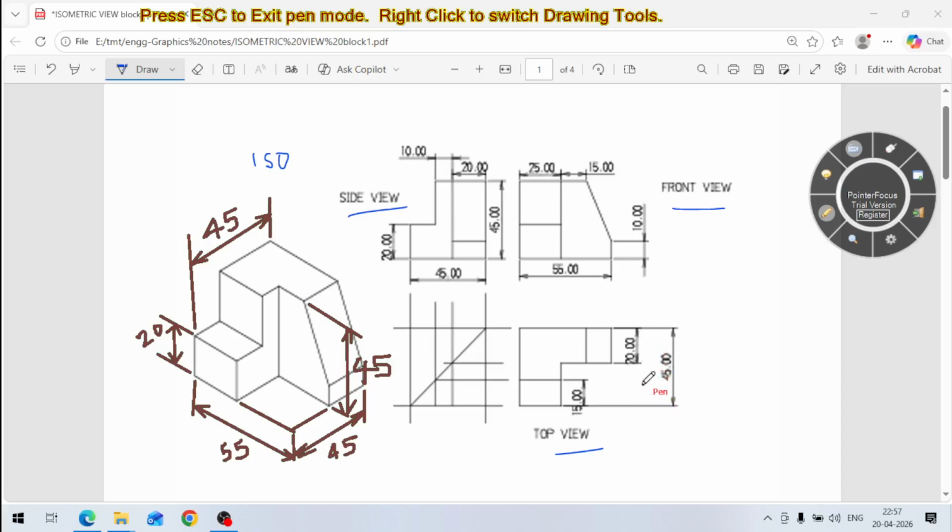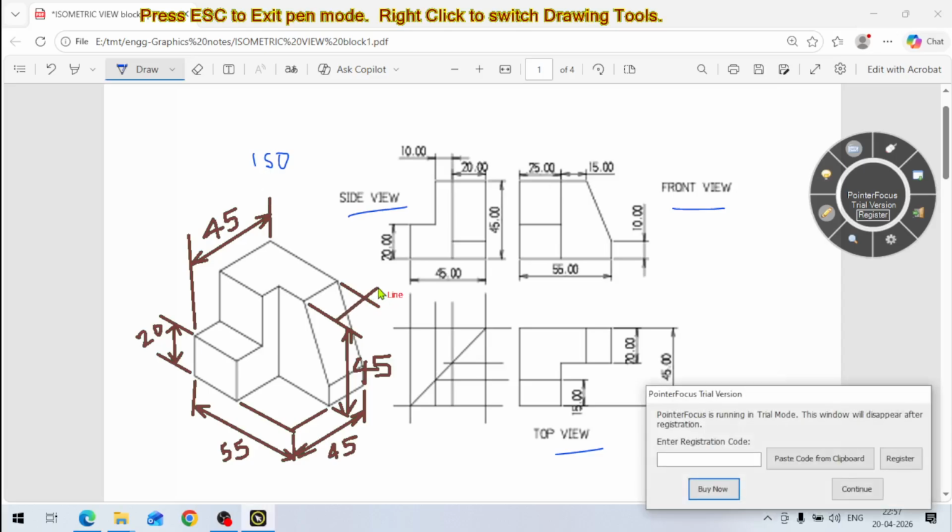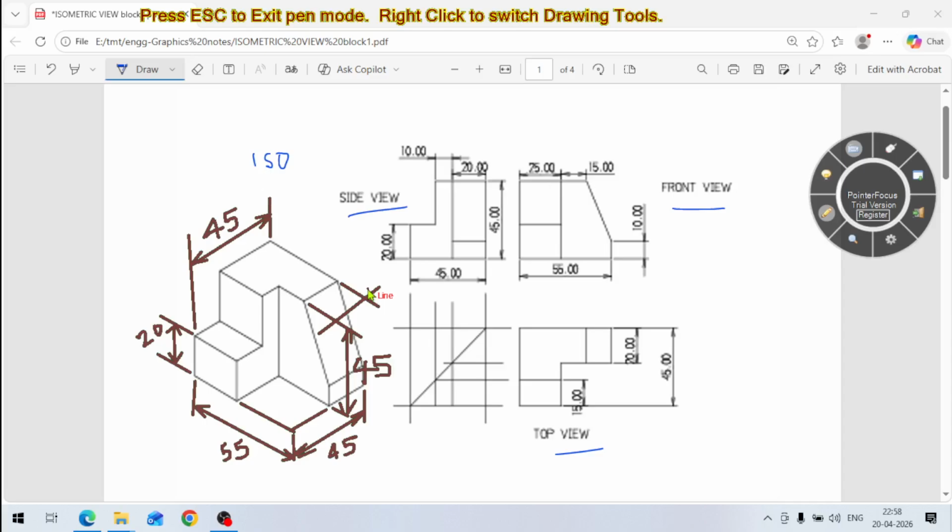This step is 20 mm. Which step is this? If I draw a line here parallel to this, like this, and I draw another line like this, I can draw arrows here like this.